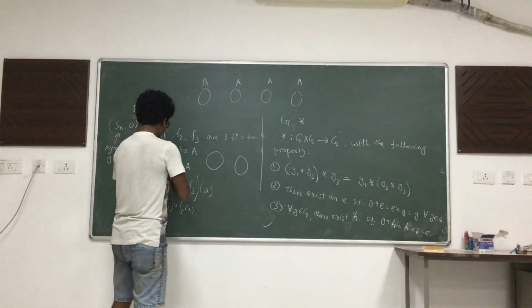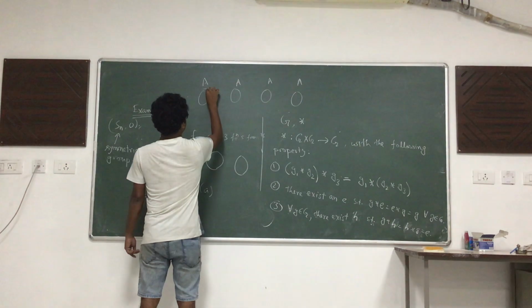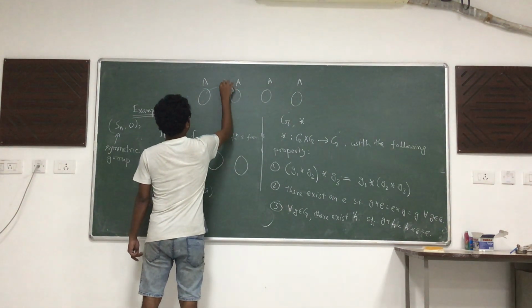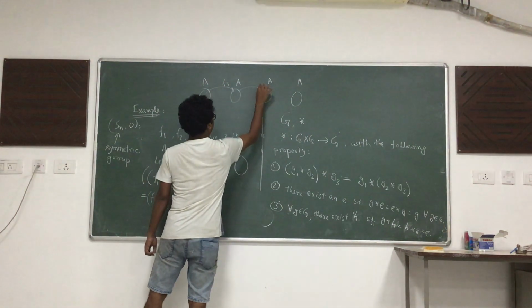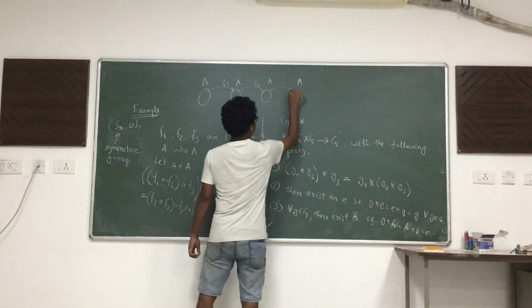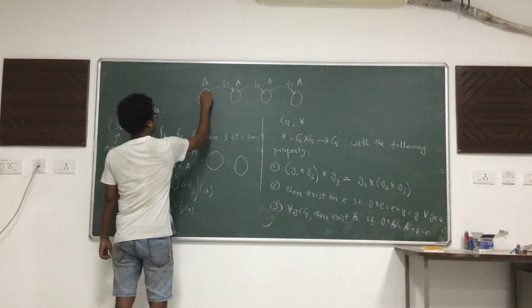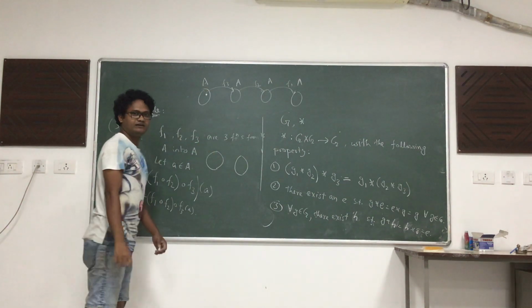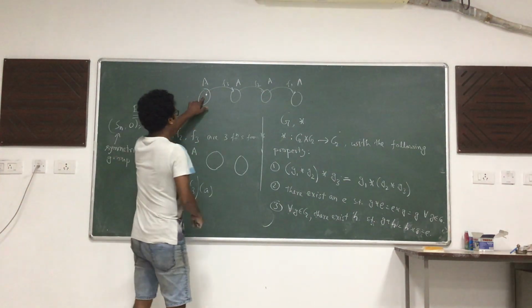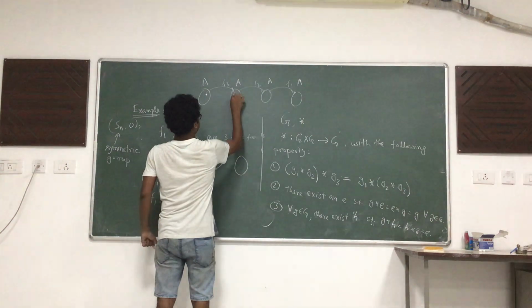Actually we took it in the reverse order, so first we have to apply F3. I have a mapping F3, then F2, then another mapping F1. We take an element a from here, and F3 will send it somewhere here.